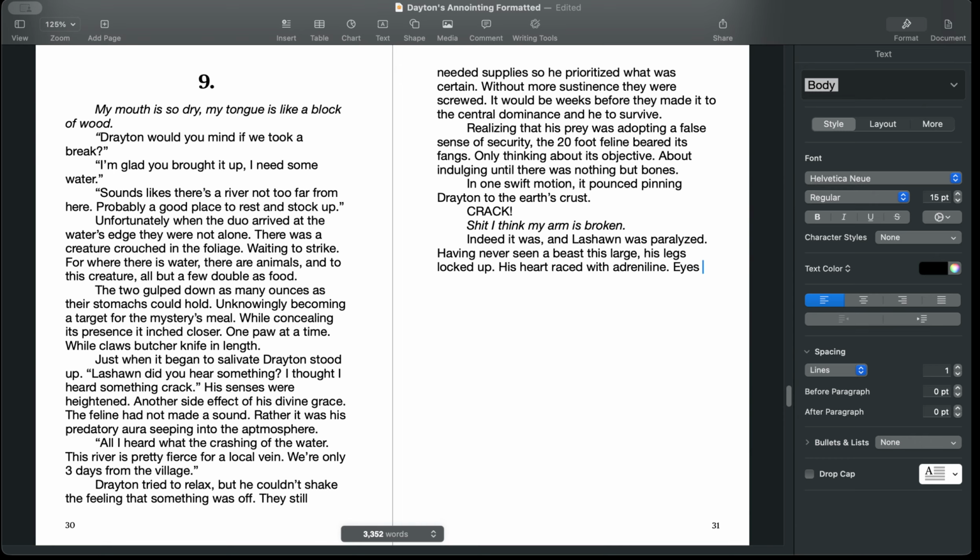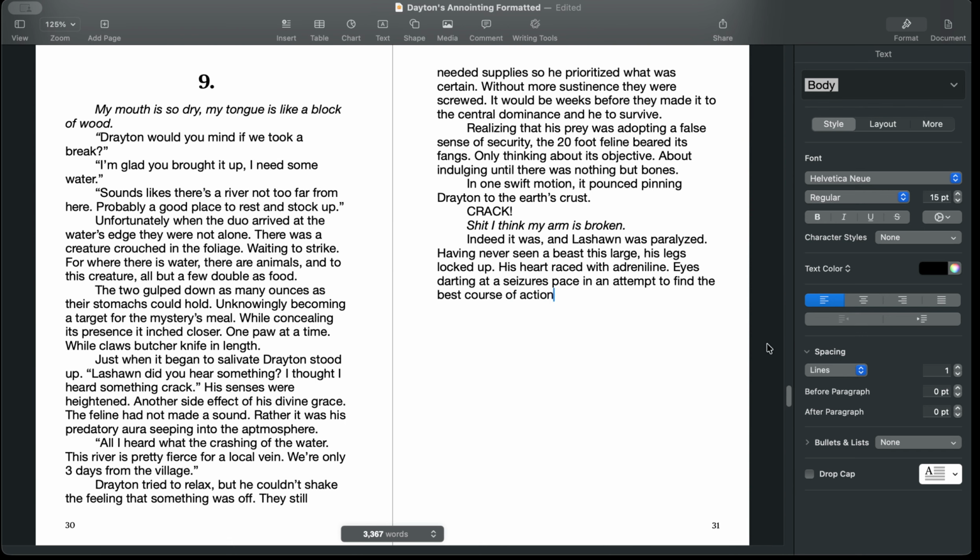Eyes darting at a seizure's pace in an attempt to find the best course of action.